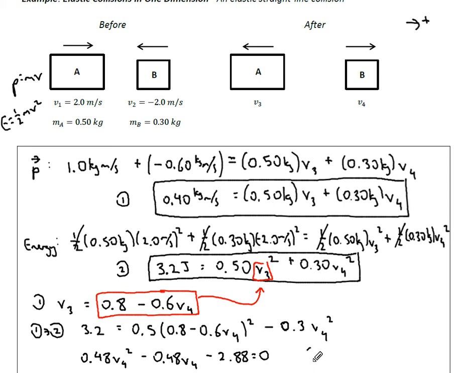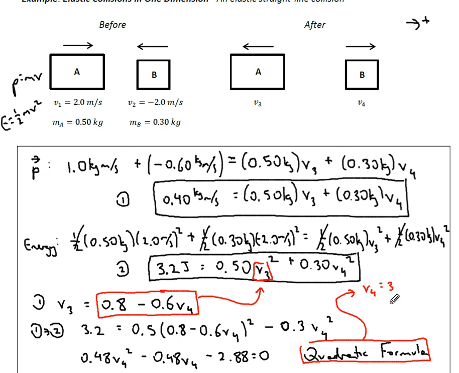And we use the quadratic formula. We actually end up with two answers for this one. I know it's getting a little crowded, but when we solve using the quadratic formula, we have two solutions.